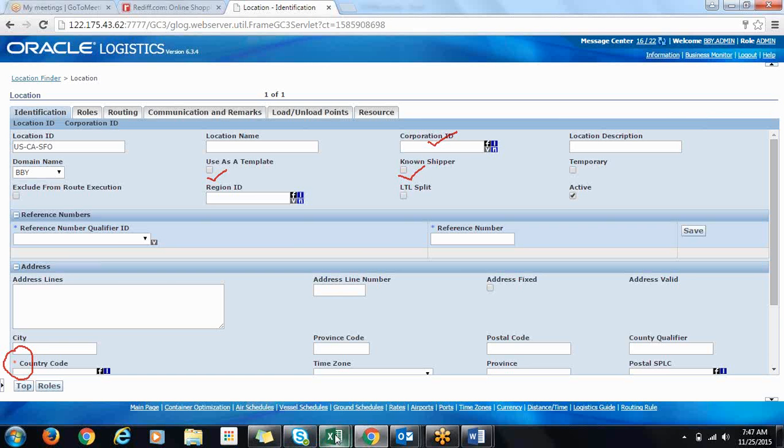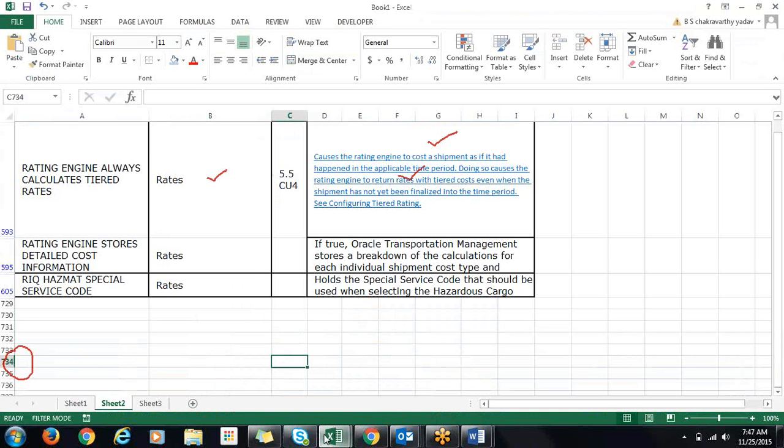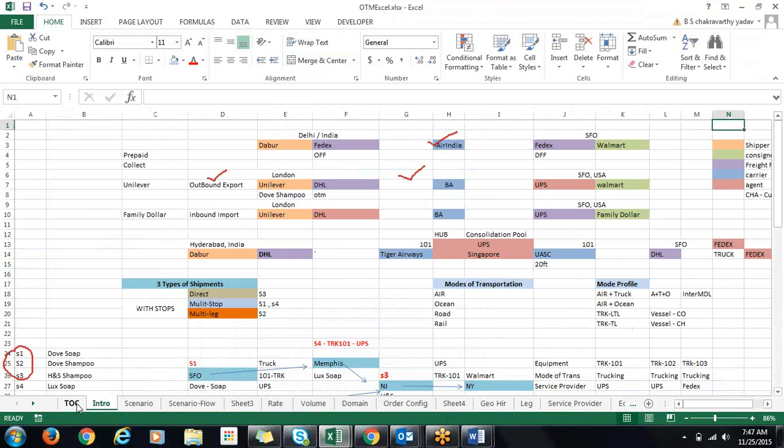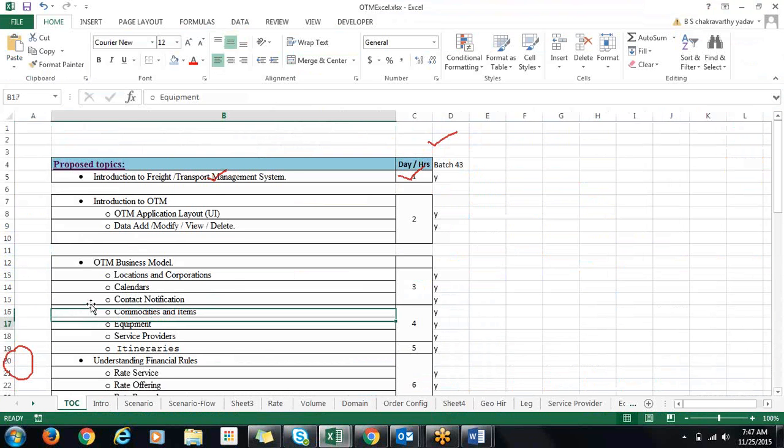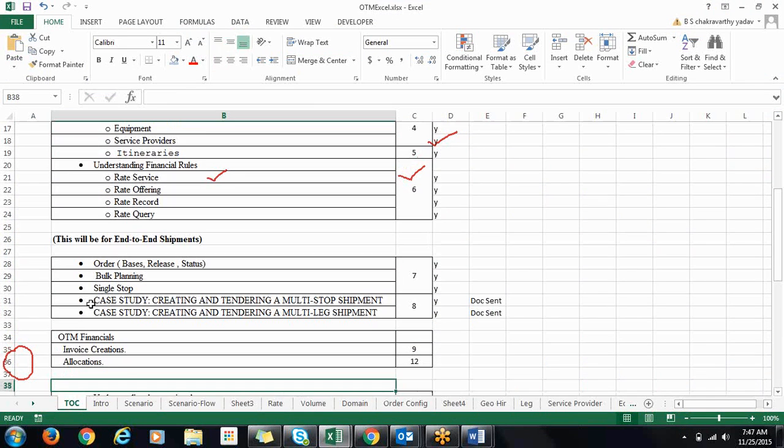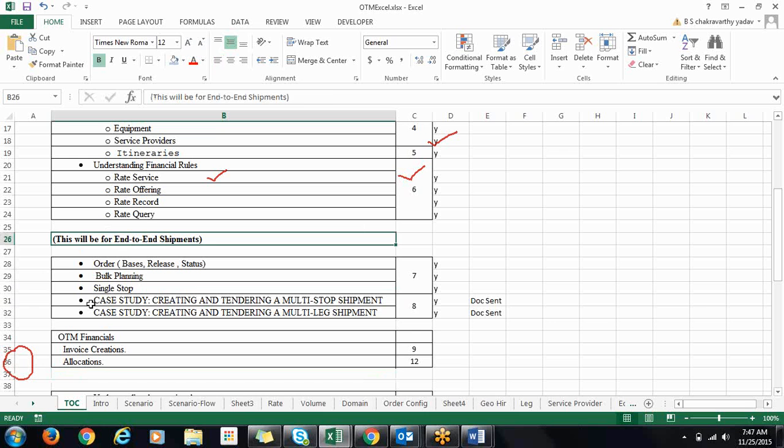A second scenario is configure OTM, build and tender and settle a multi-stop shipment. The third scenario is creating and tendering a multi-leg shipment. Then there is a scenario for provision European VATs, and a scenario for multi-leg shipment using deconsolidation and pool and appointment. And then pre-scheduled milk run or something. I don't know what that is.